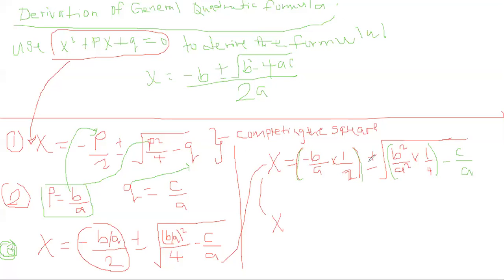We will have this times this, it will be equal to minus b over 2a plus or minus. So this will give us b squared all over 4a squared minus c over a.